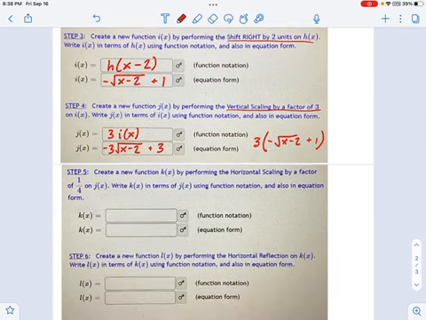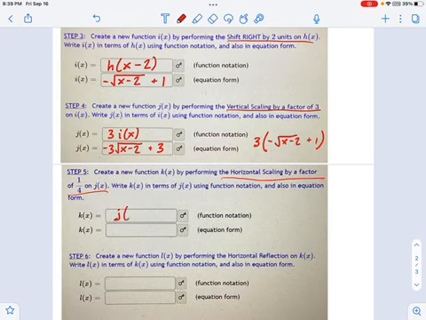Moving along. Next step I want to do is a horizontal scaling by a factor of 1/4. Okay, so what does that mean? Well, if you remember, we have these funny inverse rules with how horizontal scalings work. k of x is going to be equal to something that happens to j of x.